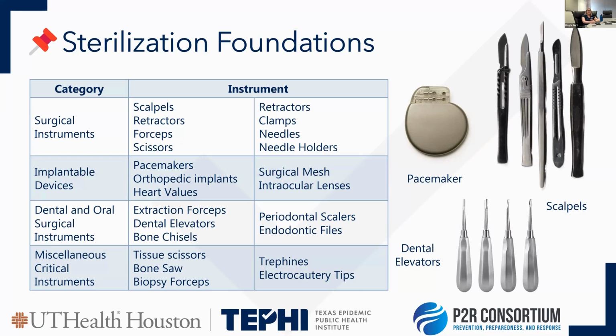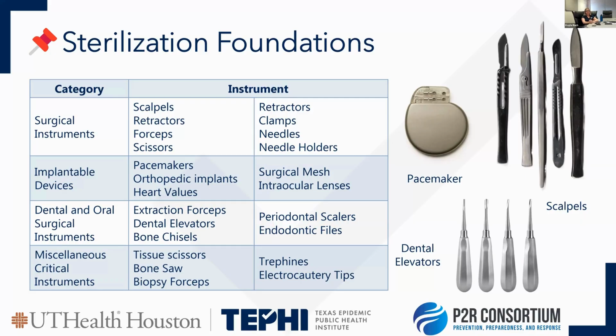Another big thing to be very mindful of: any dental or oral surgical instruments, or if you oversee a dental clinic, all those devices should be sterilized, and you need to make sure that they are sterilized properly. Say you're a long-term care facility and you have a dental clinic come in once every 2 weeks or once every week or on different days, all of those devices need to be sterilized.